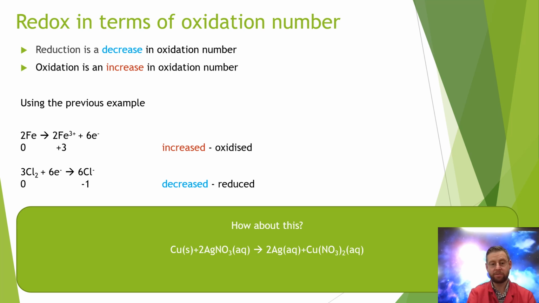So the total oxidation number of the 6 Cl- would actually be -6. And going to the top, because there's 2 Fe3+ ions, each with an oxidation number of +3, then it must have a total oxidation number of +6. And so one of them is now +6, and the other one is now -6, meaning that the oxidation numbers balance to 0 when you consider the whole reaction.